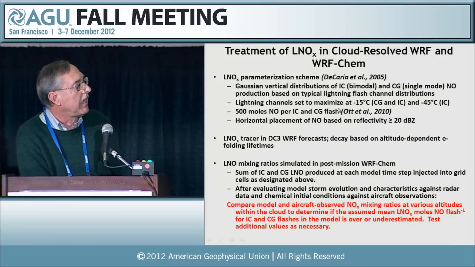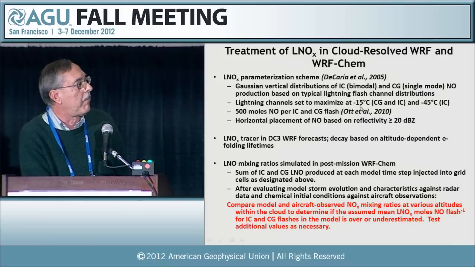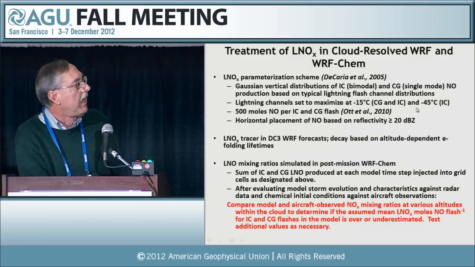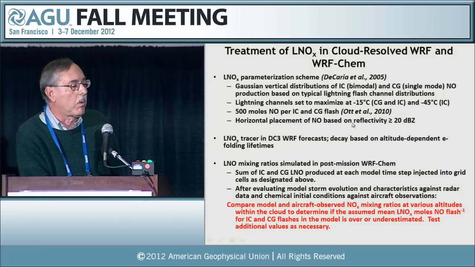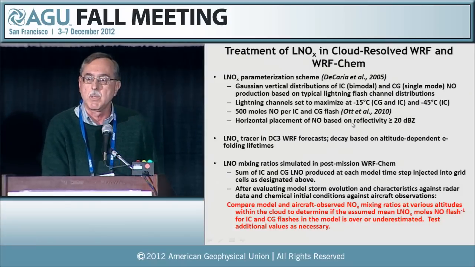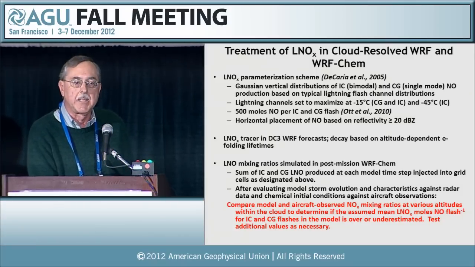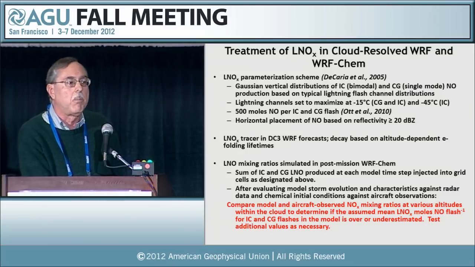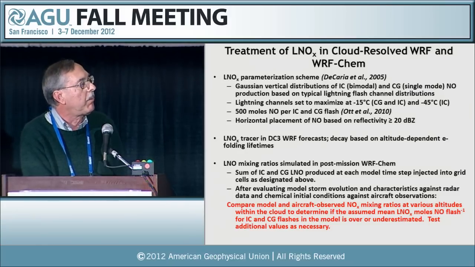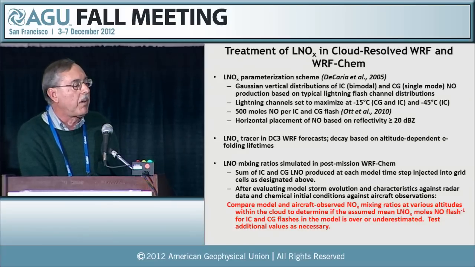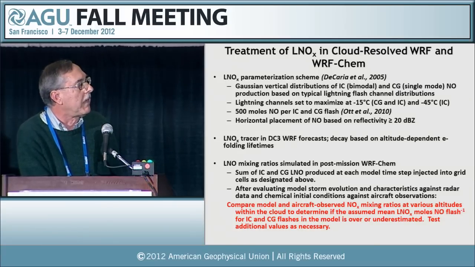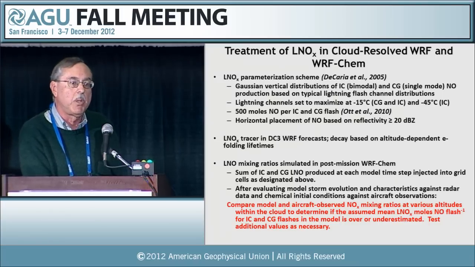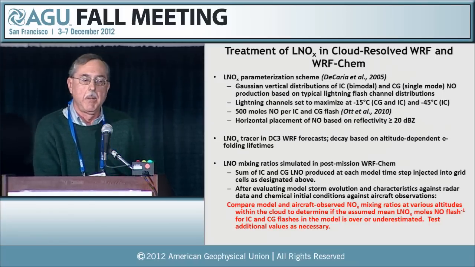And these lightning channels are set to maximize at about minus 15 C and minus 45 C. However, of course, the LMA data will give us good information on each storm as to what the vertical distribution of the flash channel segments is, and we'll be able to improve on this algorithm for each of the storms that we simulate.